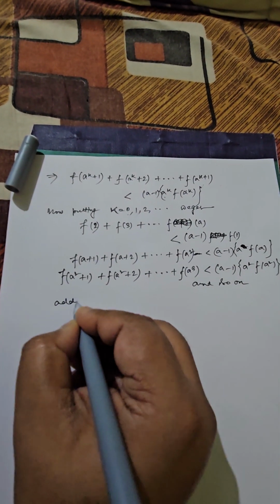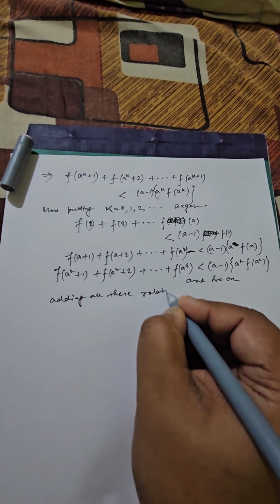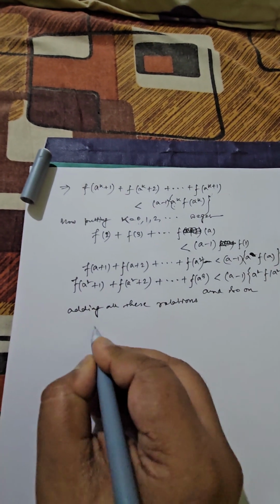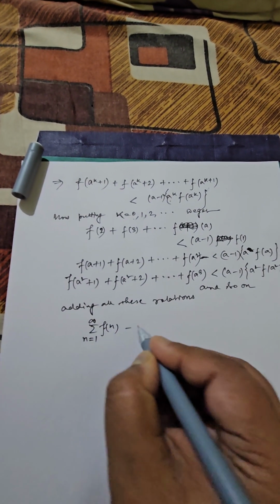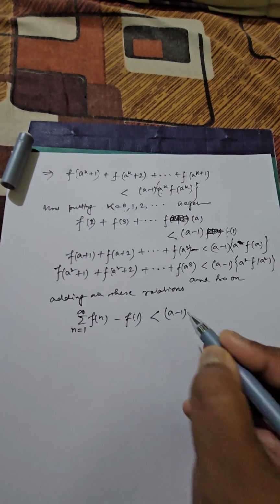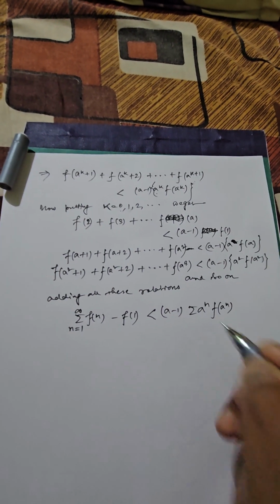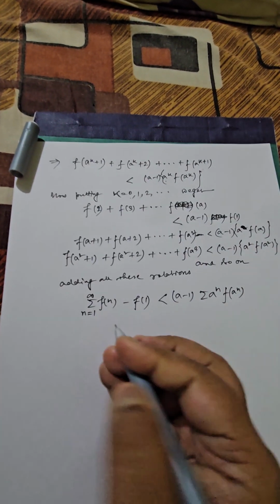So adding all these relations we get, again remember this is nothing but the structure of summation fn minus f of 1. So this part can be made less than (a minus 1) summation a^n f of a^n.